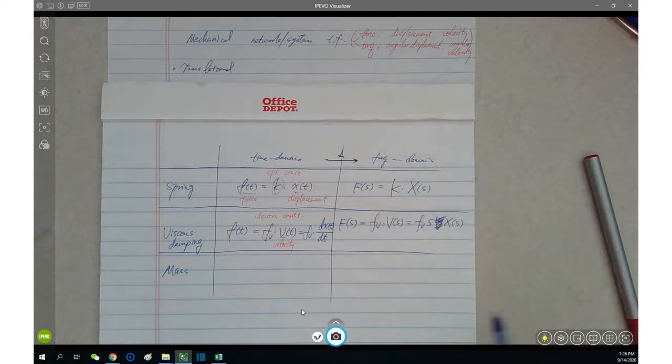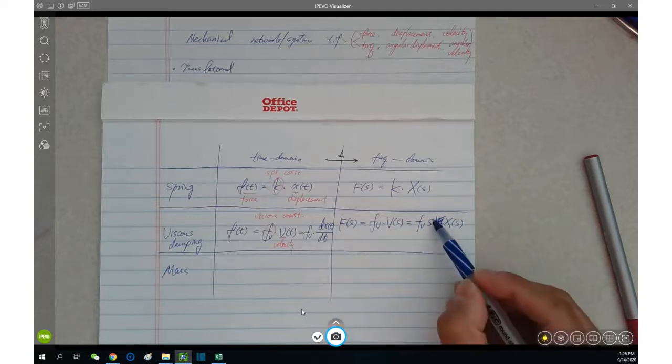Once again, we are seeing a derivative here, and the Laplace transform of the derivative gives you an s.